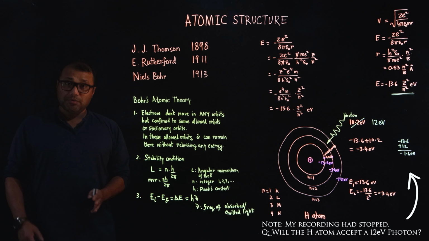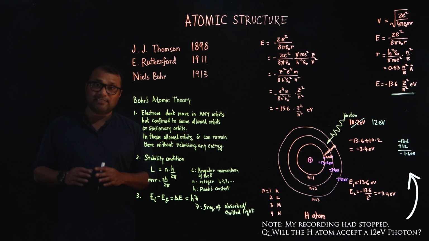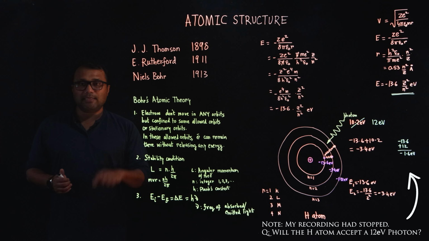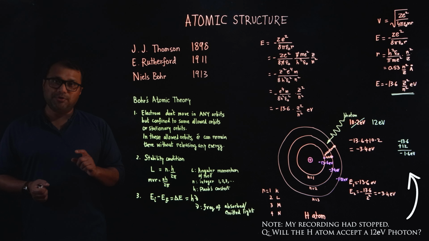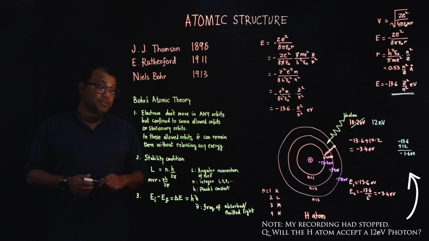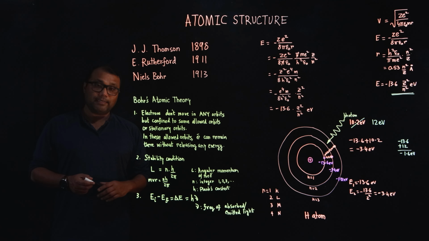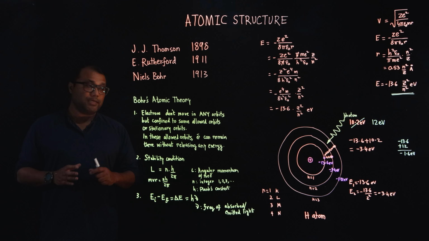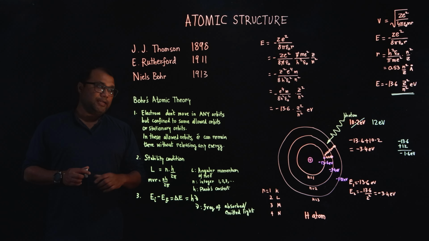With this, now you can see a very important and exciting conclusion can be made. The conclusion is this, that the absorption spectra or the emission spectra becomes a signature of an atom. So for a hydrogen atom, it will always have a signature absorption and emission spectra, because the energy levels that an electron can get excited to during an atomic transition are very specific to that atomic structure of that element.